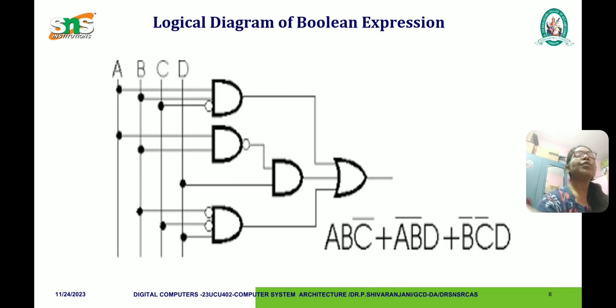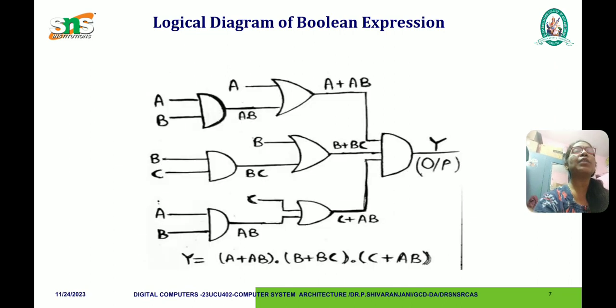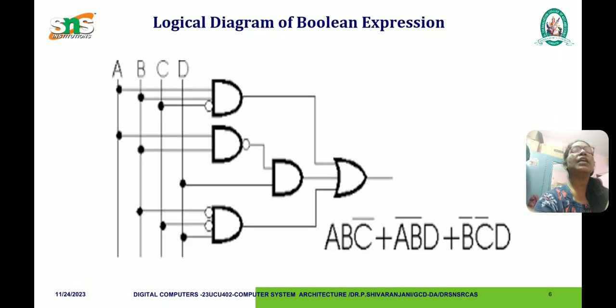And the value of C is inverted, so we have used a bubble in front of the variable C. The next one is A, B inverted, and that has been inverted to D plus, and the value of B bar plus C bar D. So this is the corresponding Boolean expression for the logical diagram.